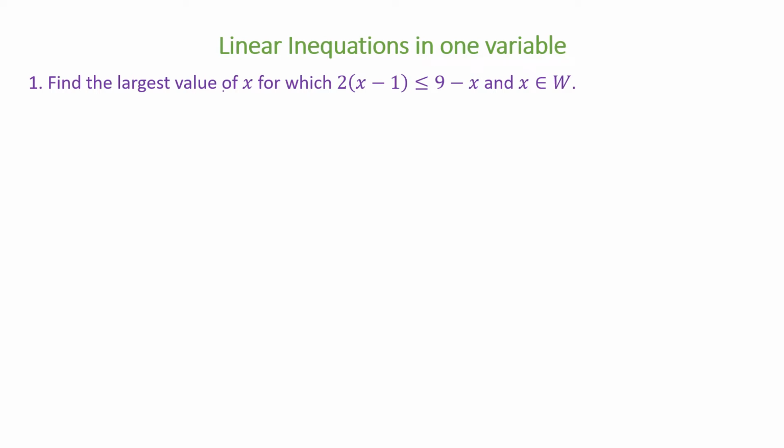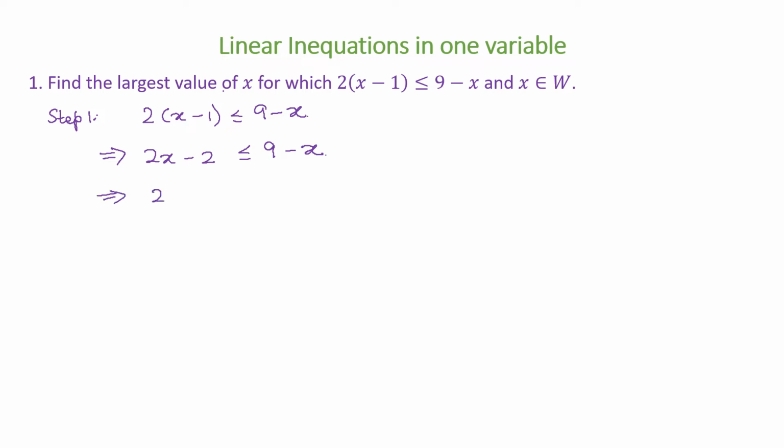So let's solve it. This is going to be step 1. That is, step 1 is the solving of the algebraic equation. 2 into x minus 1 is less than or equal to 9 minus x. This implies 2x minus 2 is less than or equal to 9 minus x.